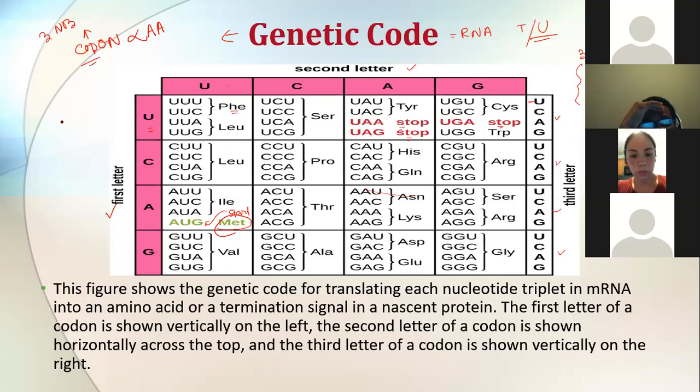Get it? Yeah, but we have 3 nitrogenous bases for each of them. I cannot hear you, Fizzy. Tell me, what did you say?